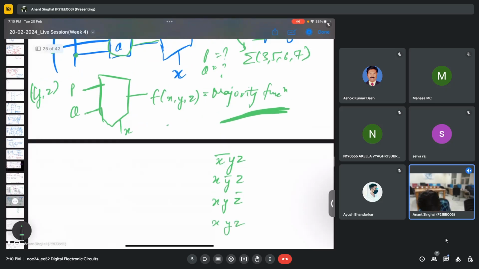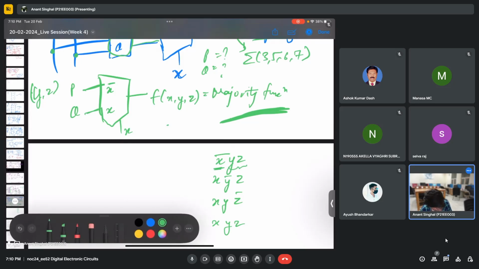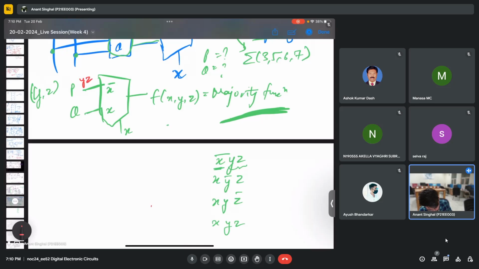So I have an x complement here, and an x here. If I talk in terms of x complement, I need y z. This is the only thing I can take for x complement. And if I take x common, I need y z complement, then y complement z, and finally y z.